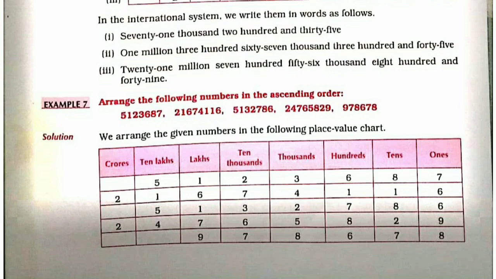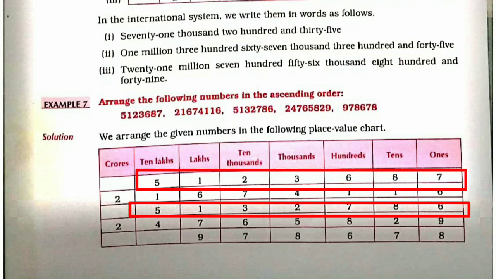Now we will see another number which is bigger than this number. As you can see, there are two numbers with the same number of digits. In the 10 lakh place, both have 5, the same digit. In the lakh place, again they have the same digit, 1 and 1.